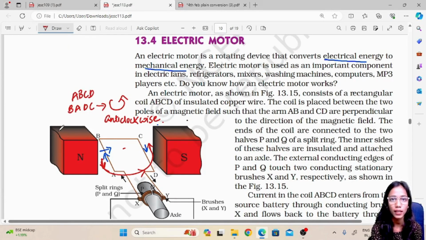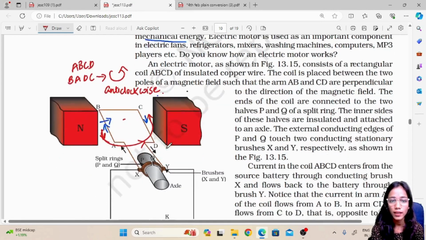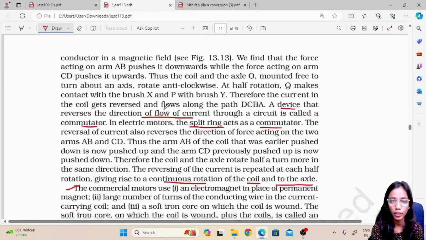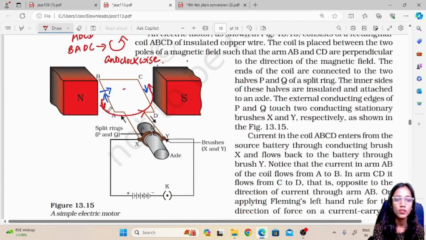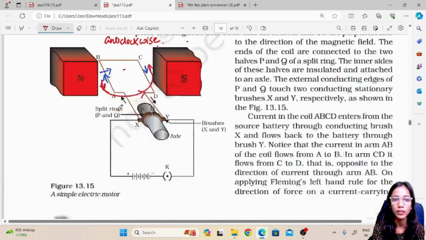We have already seen how an electromagnet is made. Second, a large number of turns of conducting wire in the current carrying coil, to increase the electric power in the coil.